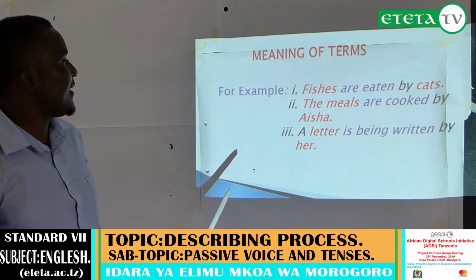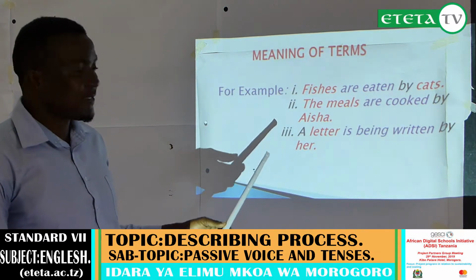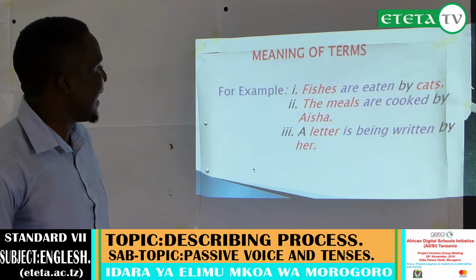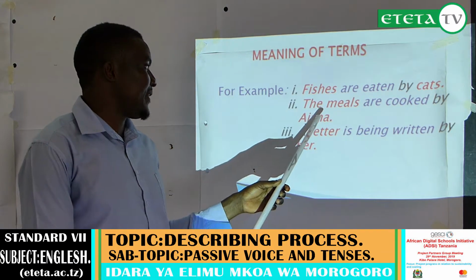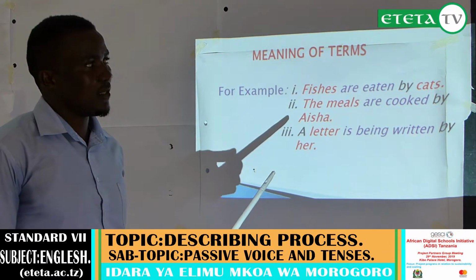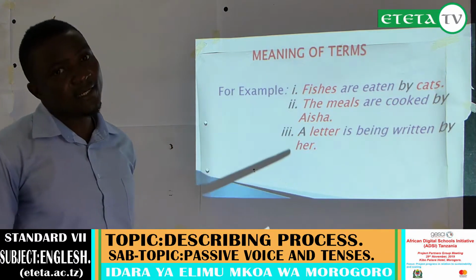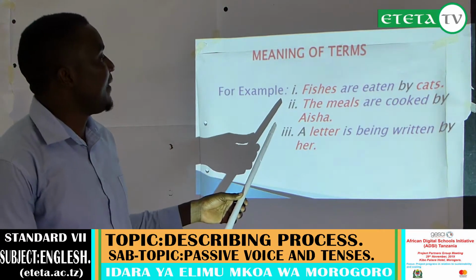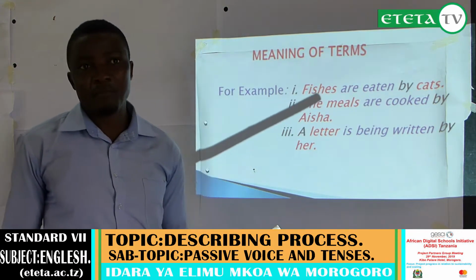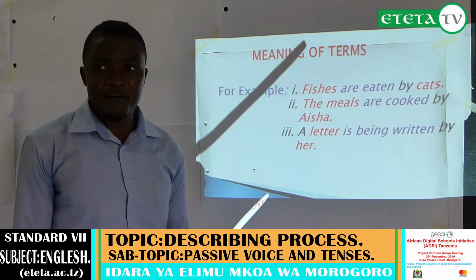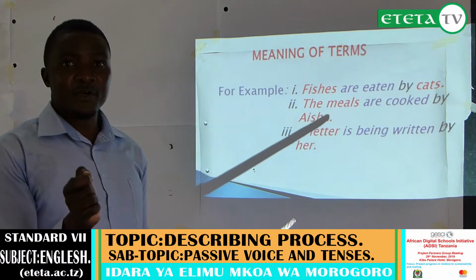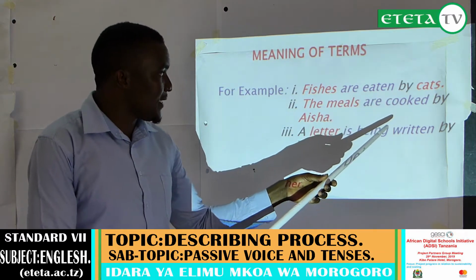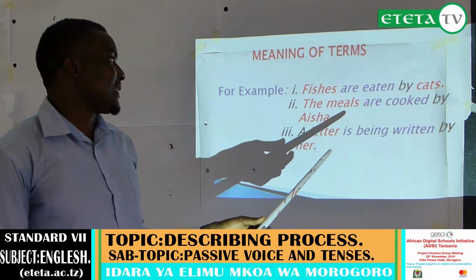Then let us see another example, number 2: the meals are cooked by Aisha. As you can see, when I was explaining active voice, the meals was an object, but here the meals is the subject of the passive voice. It is receiving the action denoted by the verb cooked in past participle form.